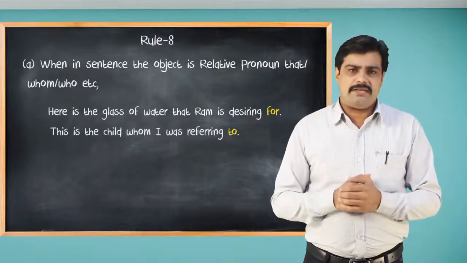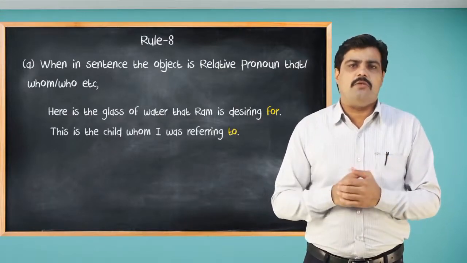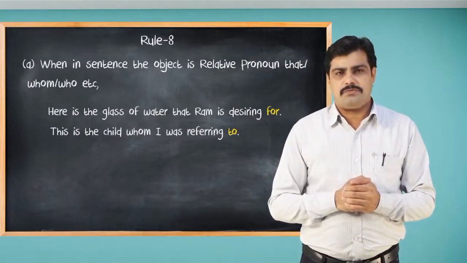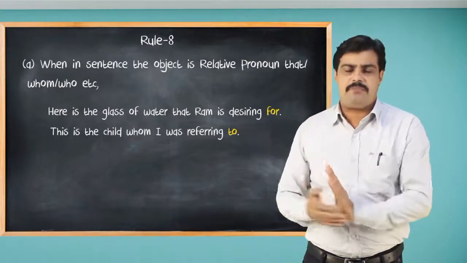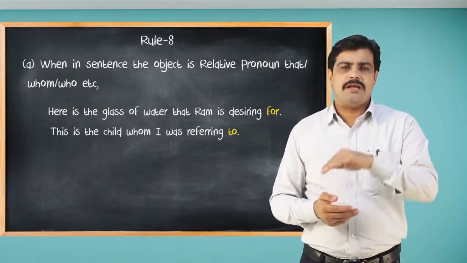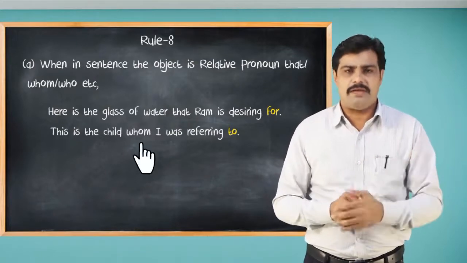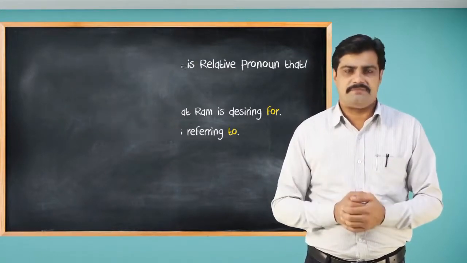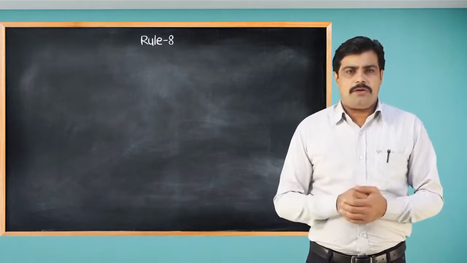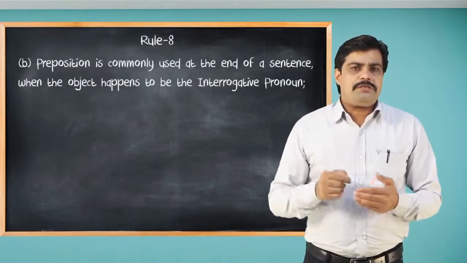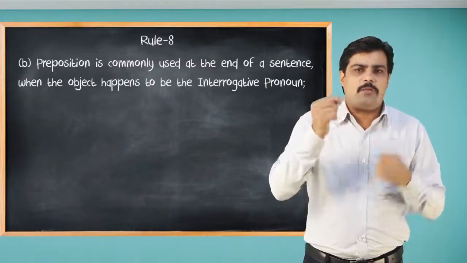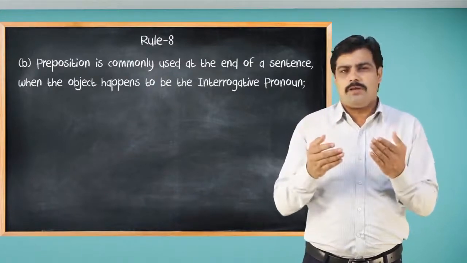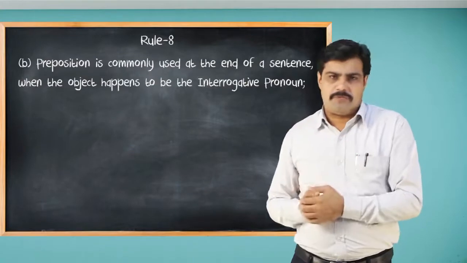Let's see another sentence. This is the child whom I was referring to. So at the end, "referring to" has a preposition, which we have used because the relative pronoun "whom" is there. So it is right. Another rule is, a preposition is commonly used at the end of the sentence when the object happens to be an interrogative pronoun.